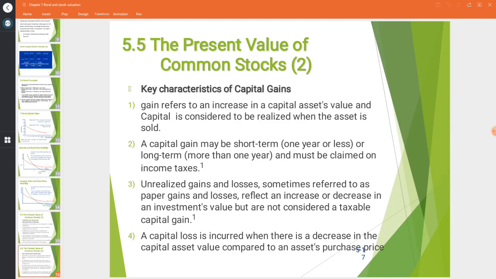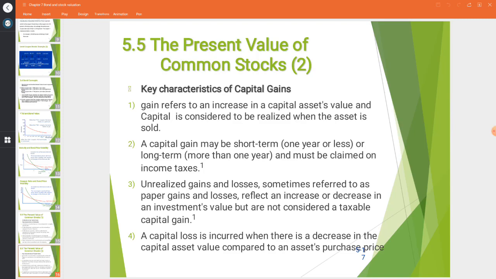Sometimes this gain could be considered as unrealized gains and losses, referred to as paper gains and losses. They reflect an increase or decrease in an investment value, but are not considered a taxable capital gain because we didn't actually sell it.